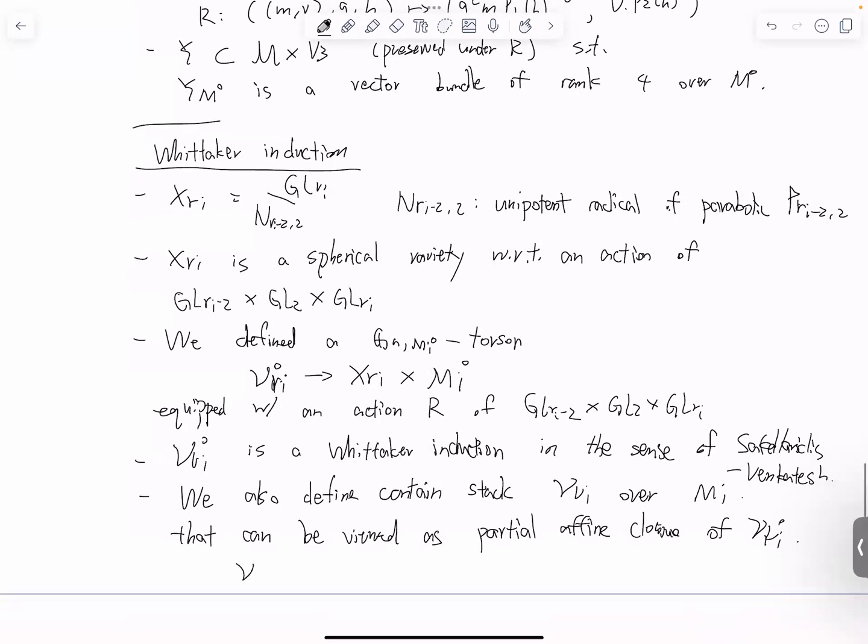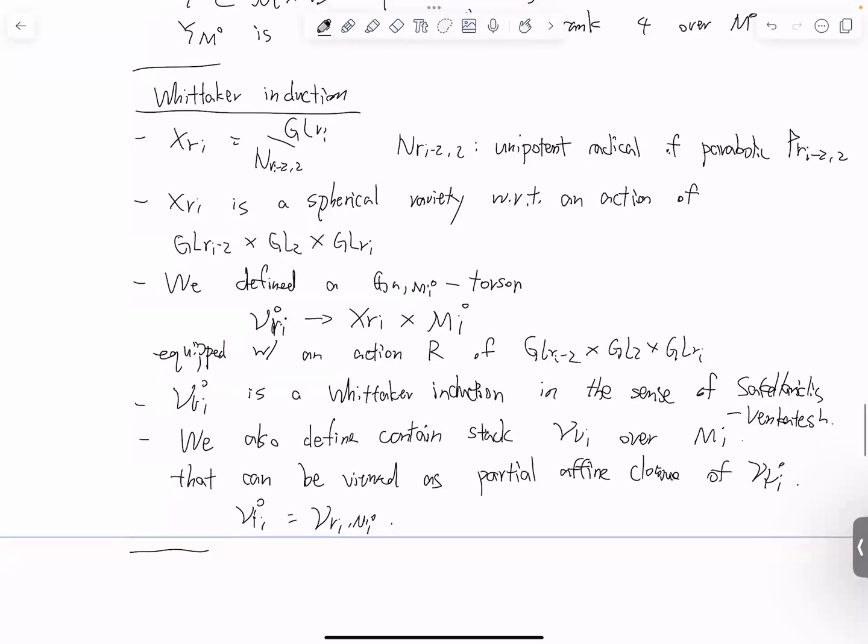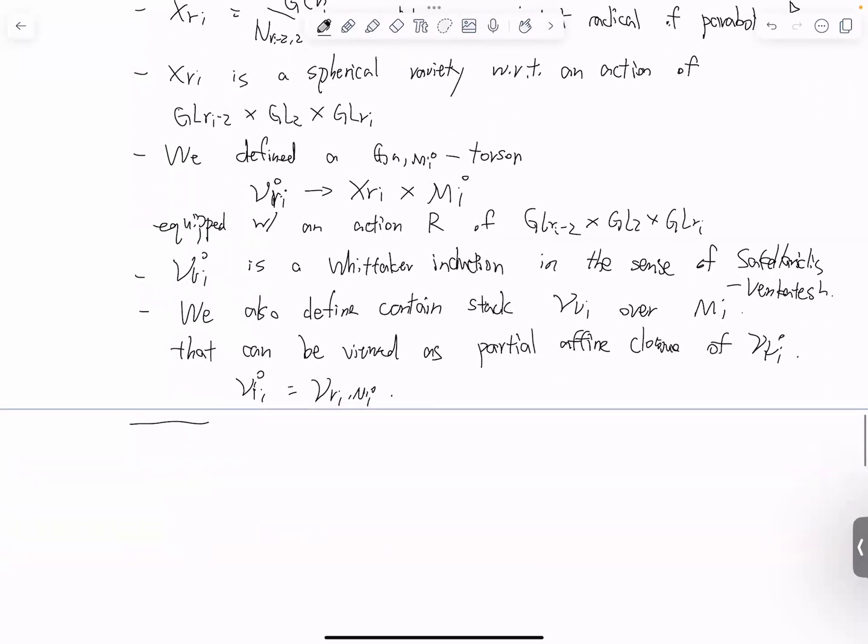So VRi circ is the base change of VRi over Mi circ. Okay, so this is the second space.